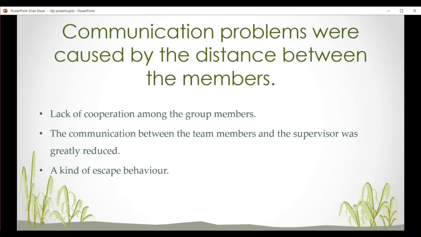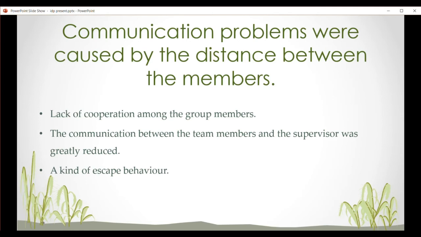The communication between the team members and the supervisor was greatly reduced. As a result of MCO, the contact with the supervisor could only be made through social network software like WhatsApp, but most of the team members did not cooperate with the supervisor well.